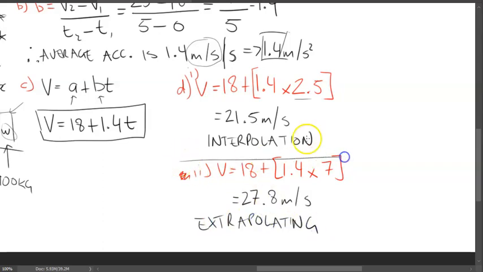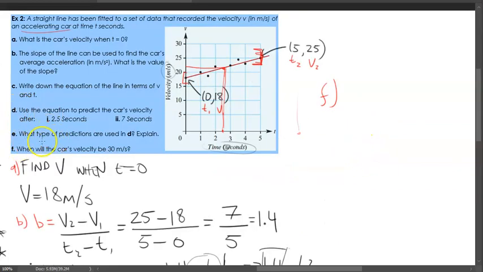So we're interpolating because we're within the range. We're extrapolating because it's outside of the range for time. So question E was what type of predictions are used, and D, that was interpolating and extrapolating. And question F: when will the car's velocity be 30 meters per second?